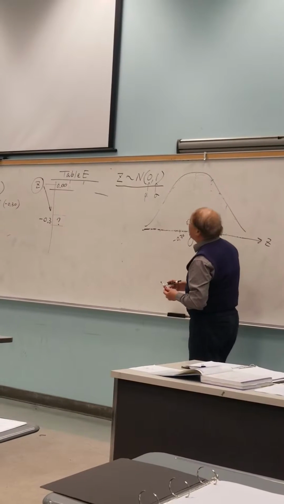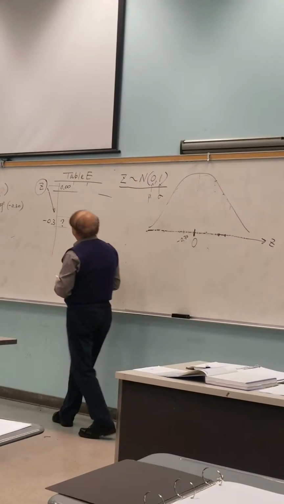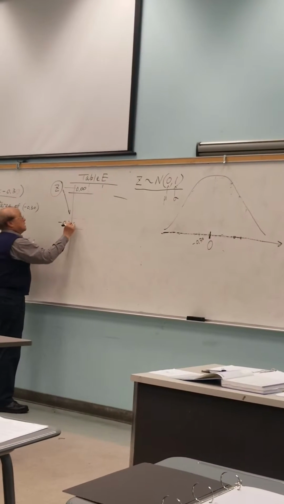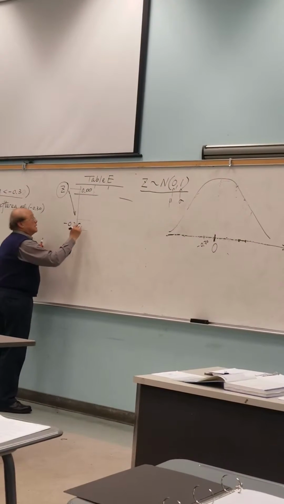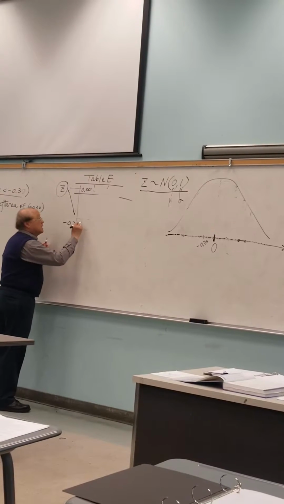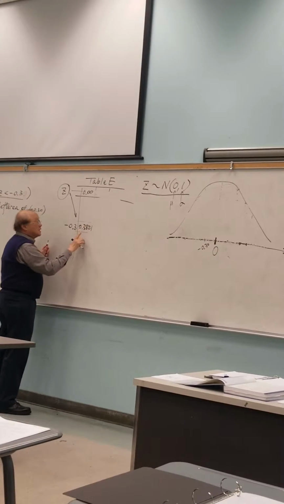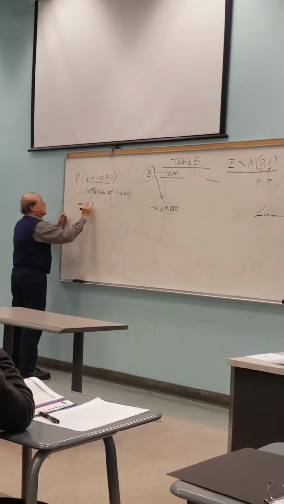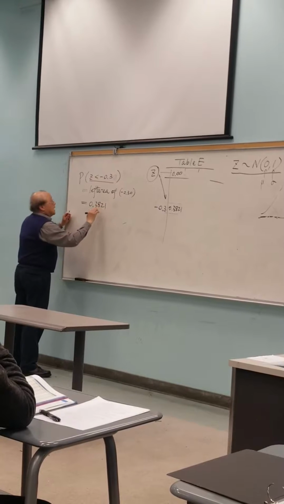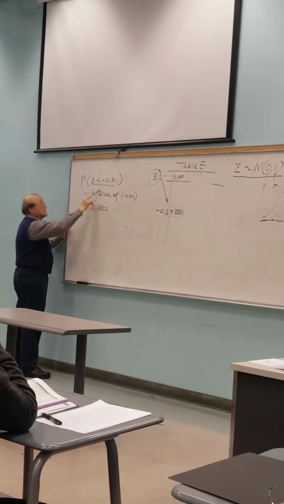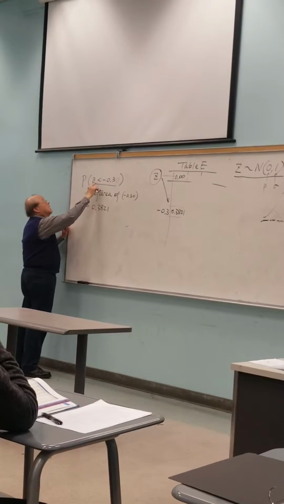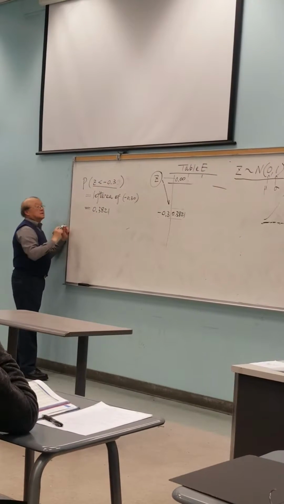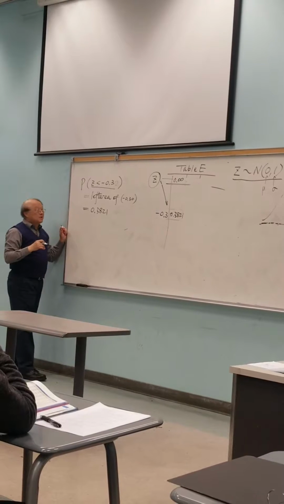Now what's the answer? 0.3821. Yes? Okay, so the answer is about 38% chance this z will take a value smaller than negative 0.3. This is the second example.